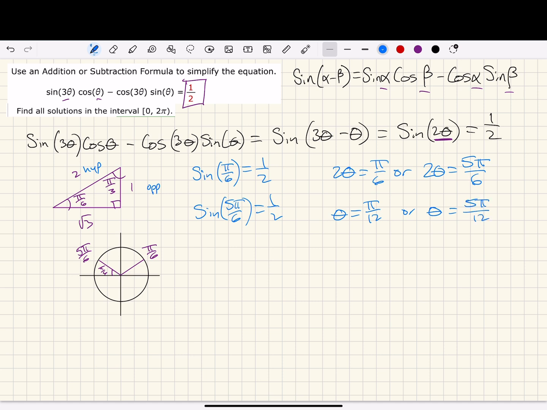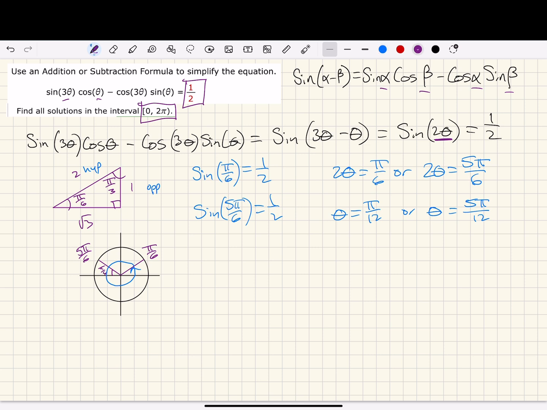Now, we were to find all solutions in the interval 0 to 2 pi. So we found 2 that are within the interval 0 to 2 pi, but let's consider what if we were to start at pi over 6 and go a complete revolution around to the same terminal side.